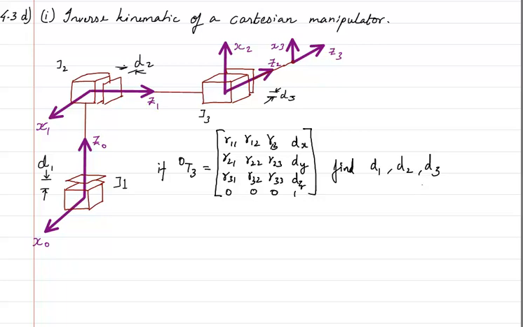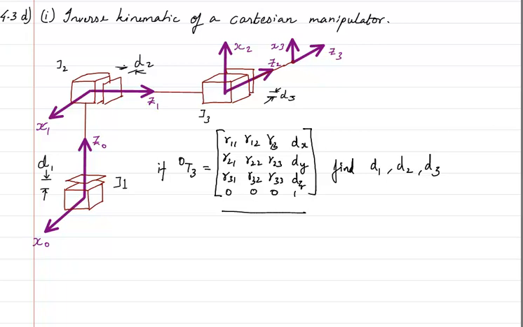When we look at a problem like this, we have to first understand that whenever we get a robot structure like this, the first thing we do is write the link parameter table. Here the frames are already drawn, so there is no need for us to draw them.